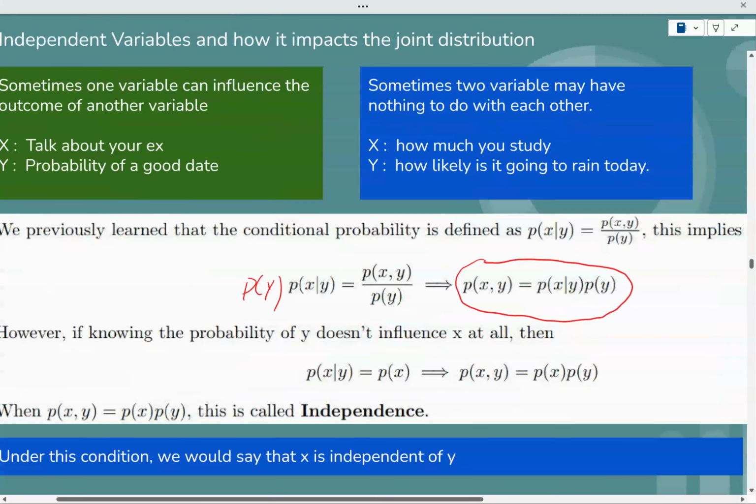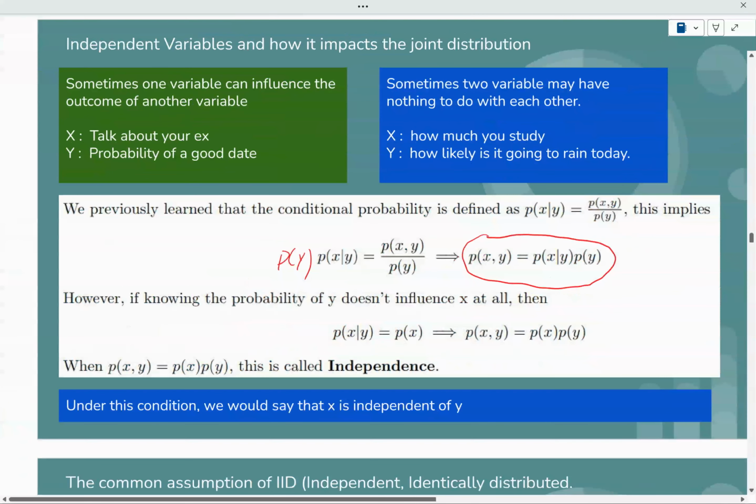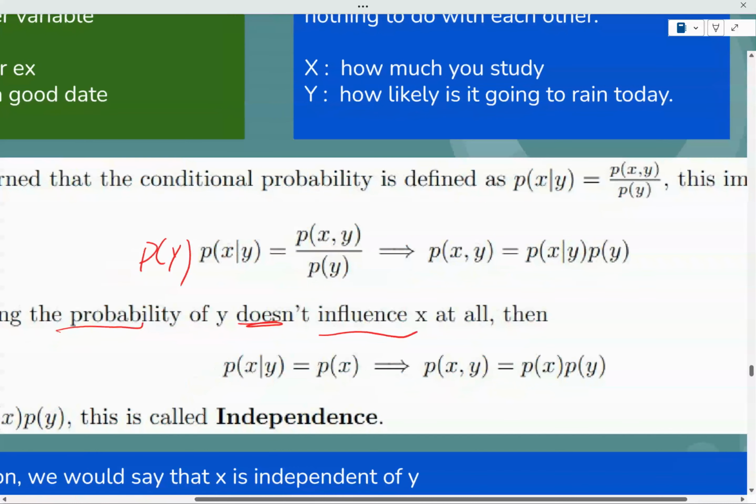Now, however, if we know that y doesn't influence x at all. So here's the key, right? Notice how the joint distribution is the conditional times the probability of y. What happens if y doesn't influence x at all, no matter how you change y?